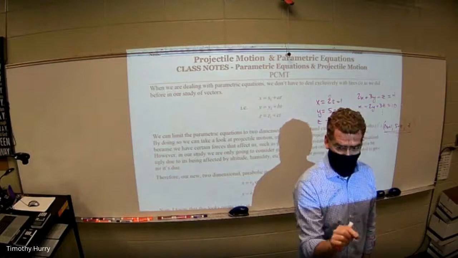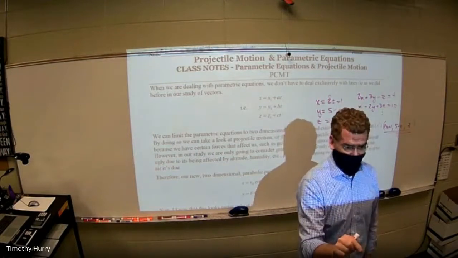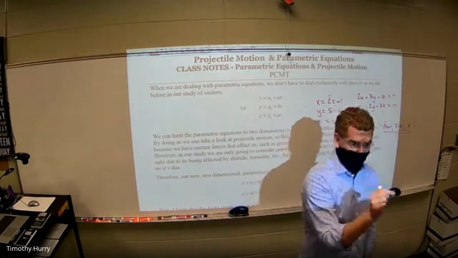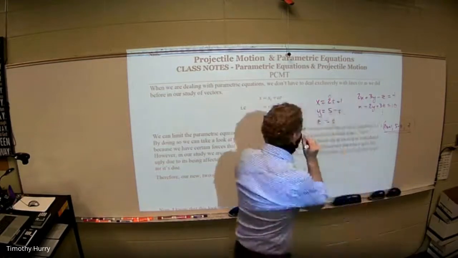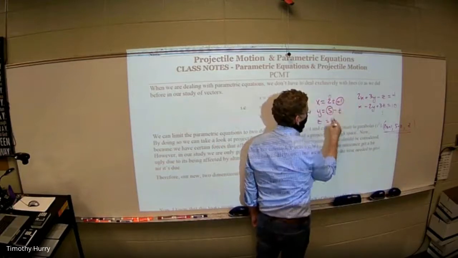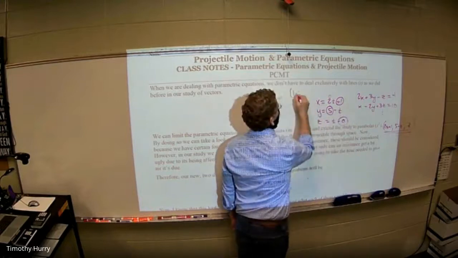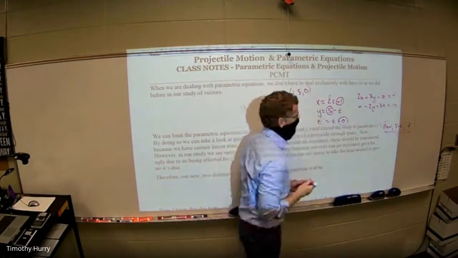So if I start with the point, if you're going to move along a line, what do I need to know? A slope, right? I got to know my behavior, what's happening after that. So in this case, this would be like me starting at the point 1, 5, and since there is nothing added to t, 1, 5, 0. So this is like me starting at 1, 5, 0, okay?